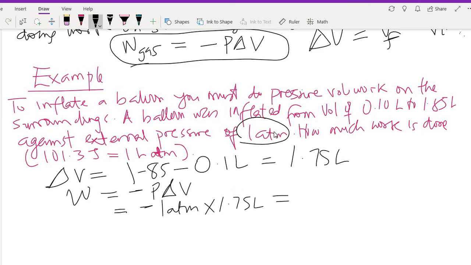This gives us negative 1.75 liter atmosphere.